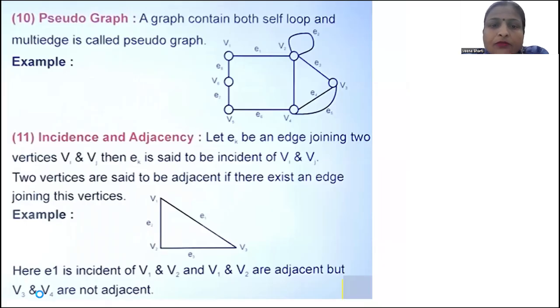Incidence means if there is an edge that joins two vertices Vi and Vj, then that edge is called incident on the two vertices Vi and Vj. And two vertices are said to be adjacent if there exists an edge joining the vertices. That is called the adjacency of vertices.